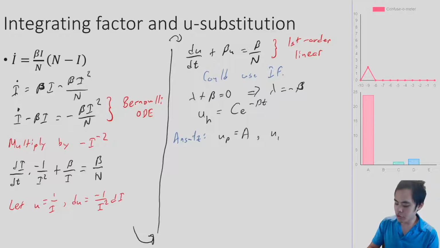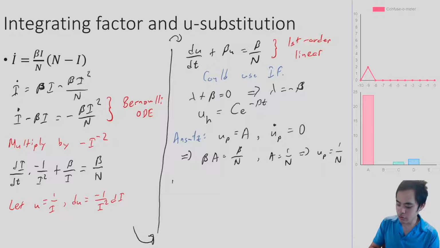And then we know u_p dot is equal to 0. When you plug that into the equation, you end up getting that beta a is equal to beta over n. So a is equal to 1 over n. So u sub p is equal to 1 over n. And so then u of t, the general solution, is equal to c e to the minus beta t plus 1 over n.